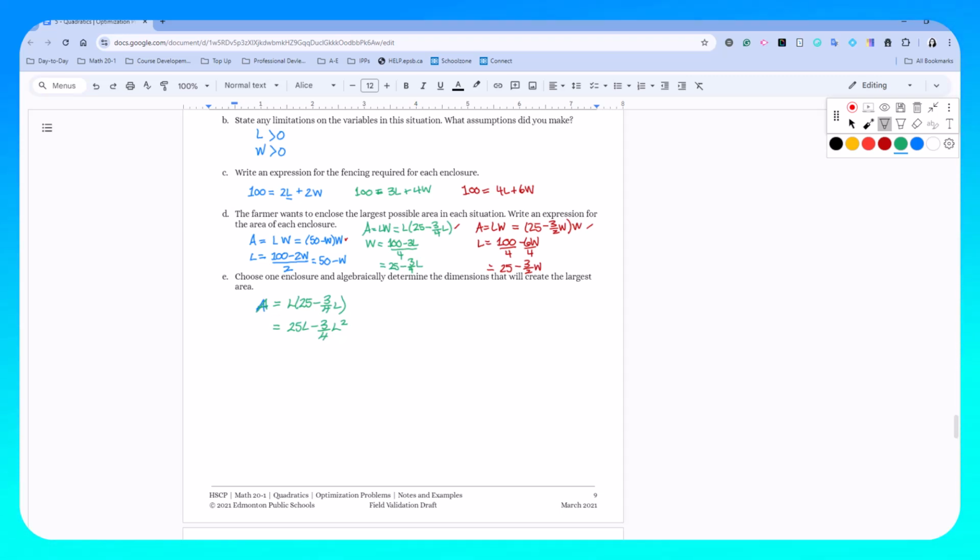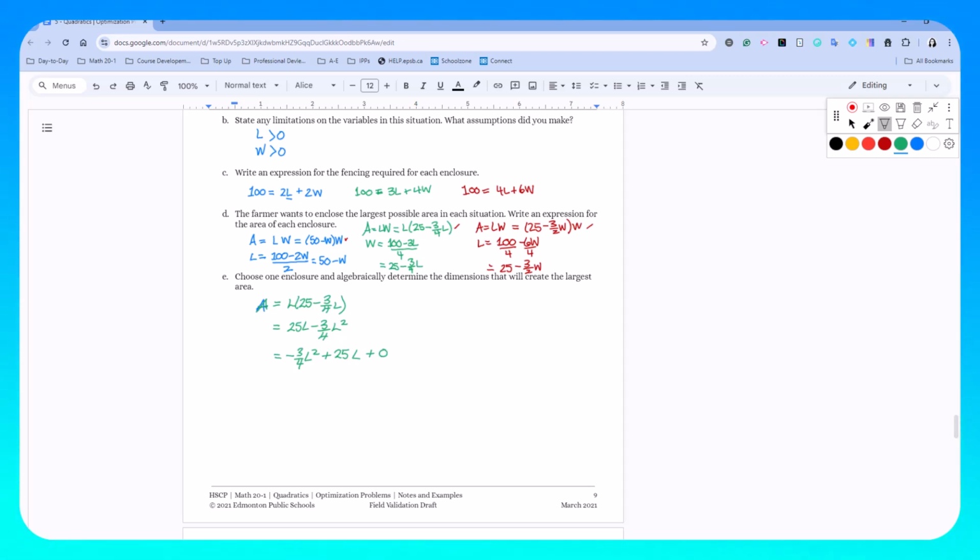That's cool. Which means if I rewrite it in descending order, I get that. Well, this is in standard form, where it just so happens that the C value is 0.